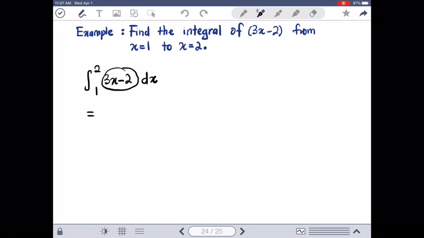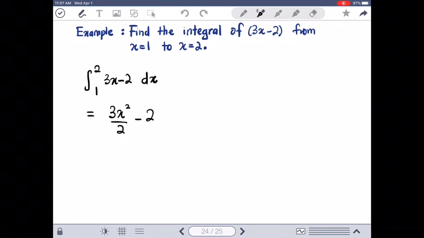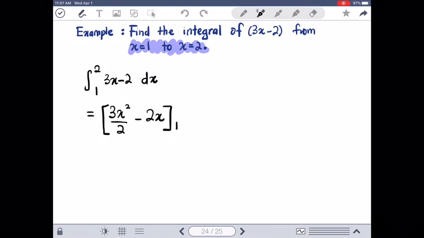If we integrate this function, we will get 3x squared over 2 minus 2x plus c, but because we involve boundaries, we do not need to put plus c. Instead, we put a bracket and write 1, 2. The next step would be top minus bottom.